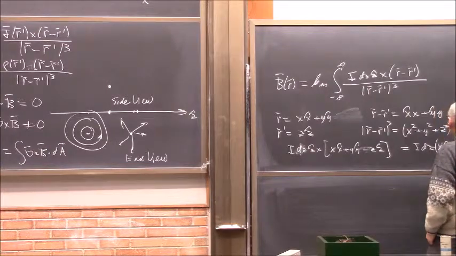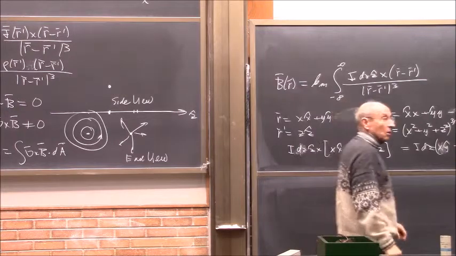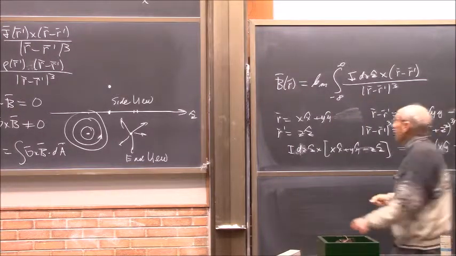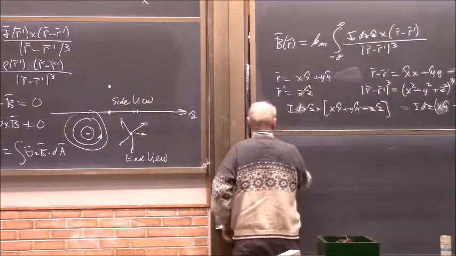So it is minus y x hat. And z cross z is 0. Okay? So now we have everything we need to calculate this thing.